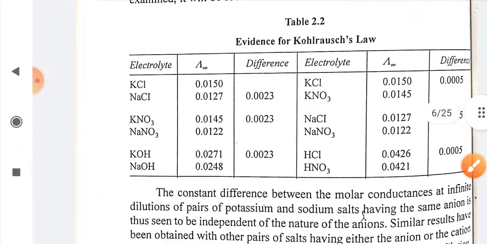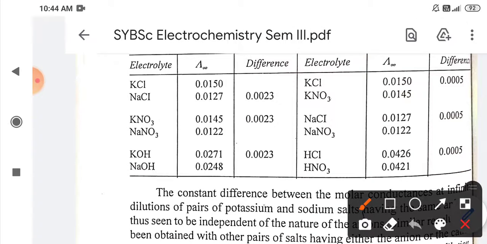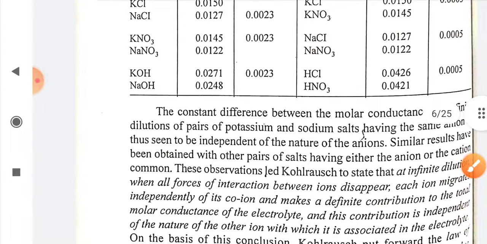Here we can see that if KCl and NaCl are used, the molar conductance due to the chloride ion will be the same. So this difference is only due to the presence of potassium and sodium ions.